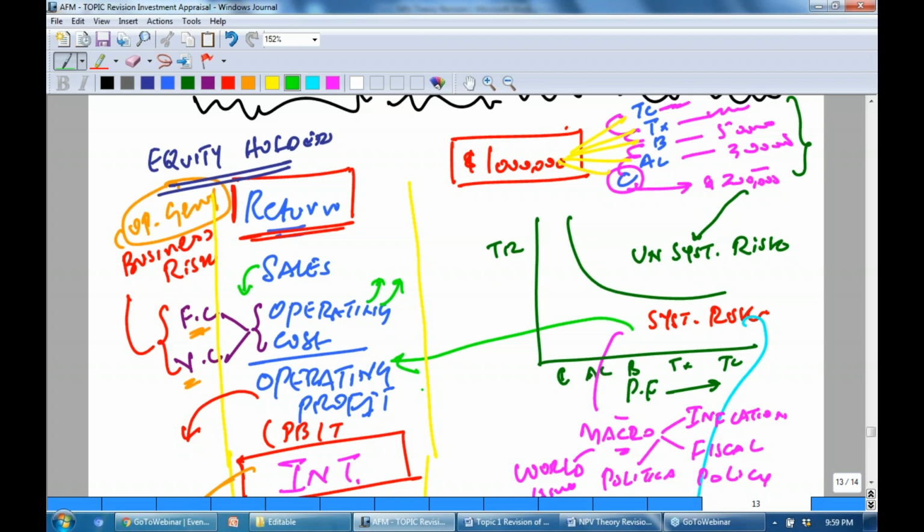So the systematic risk affects different industries in different manner, but for a particular industry, it affects all the companies in the same manner. Another example: inflation hits the industries differently, the food industry, the car industry, the banking industry, the telecom industry.